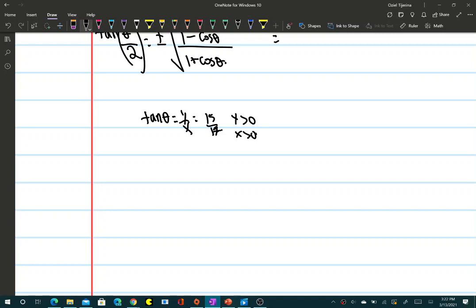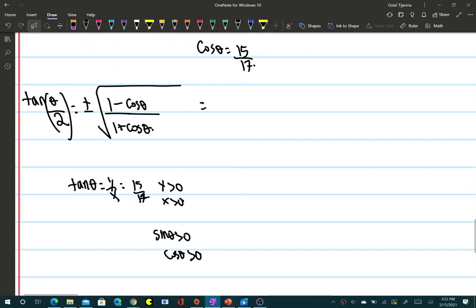That means that sine theta is greater than 0, cosine theta is greater than 0. So it's going to be positive. And since we're doing 1 minus and 1 plus cosine theta, it's going to be the positive square root.